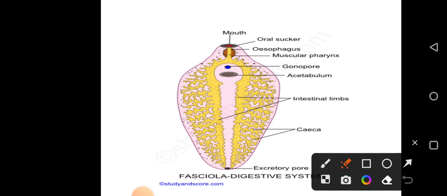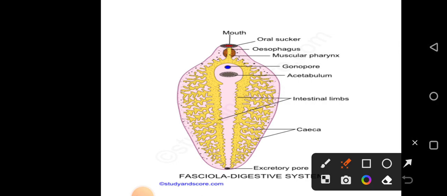The fluke, when hungry, migrates into smaller bile ducts and capillaries for feeding.